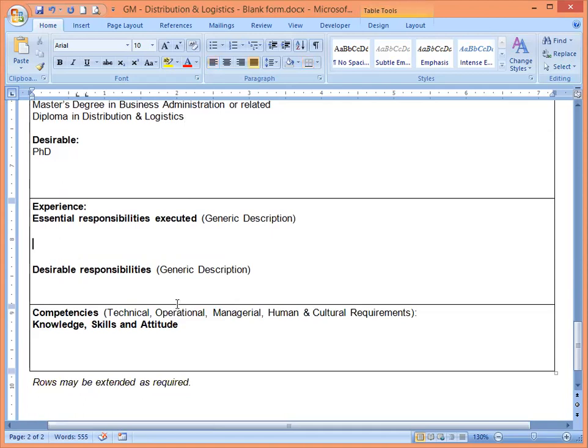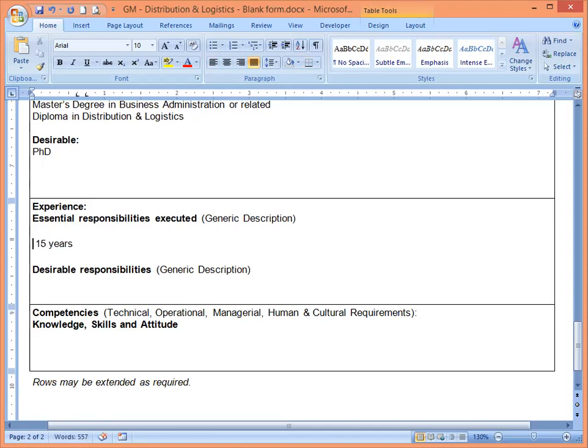So the next one would be experience. Maybe you can say at least 15 years. Or you can change this word from "at least" to "minimum."